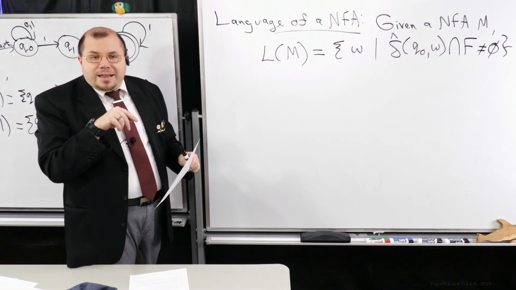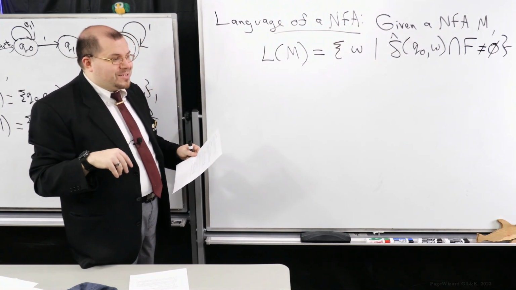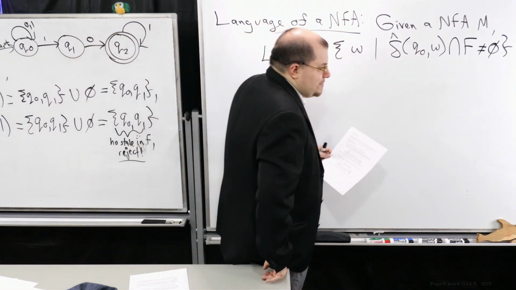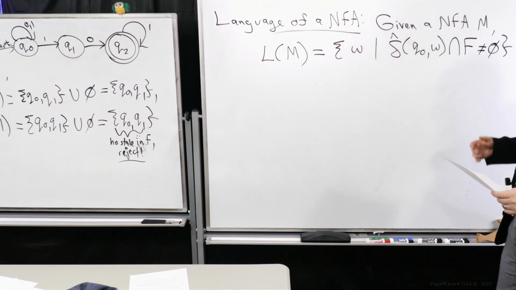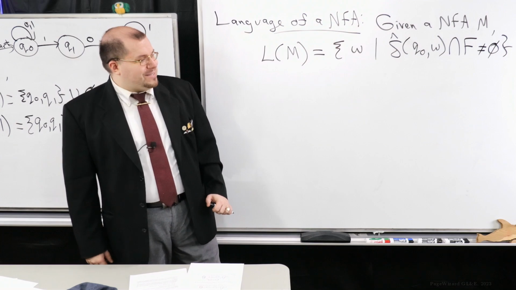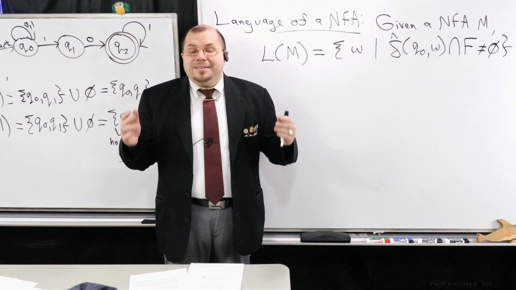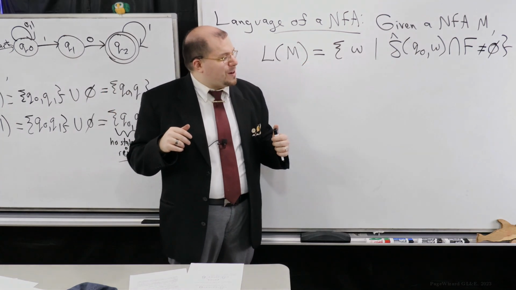However, if it rejects, it means that there is no chain of good guesses that will get me to the final state. They're all just going to be bad guesses. So there's no way to accept W in that case. So this is the formal computational definition. This is our definition for computing for an NFA.